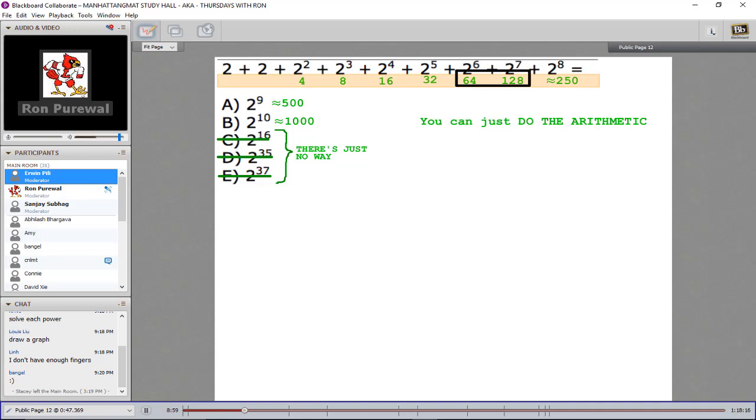And then the rest of these are really small numbers. So about 250 plus about 200 plus a bunch of small numbers. That's definitely not going to be anywhere close to 1,000. So we're done.